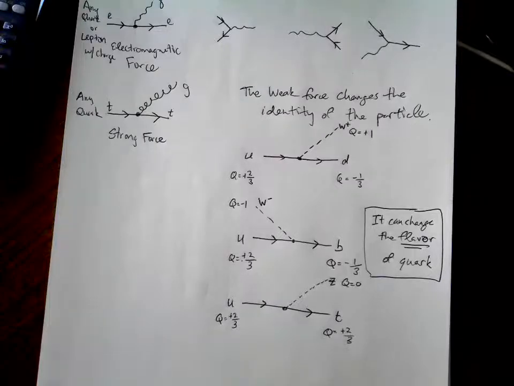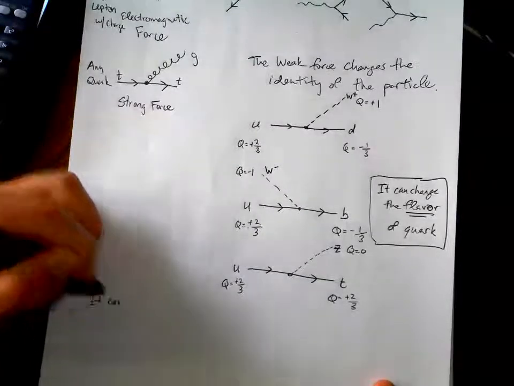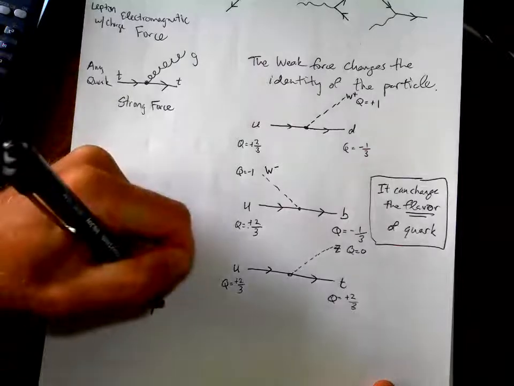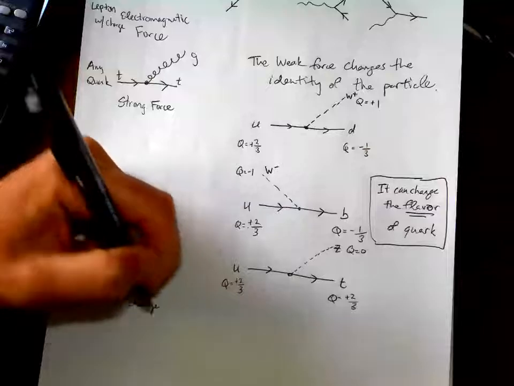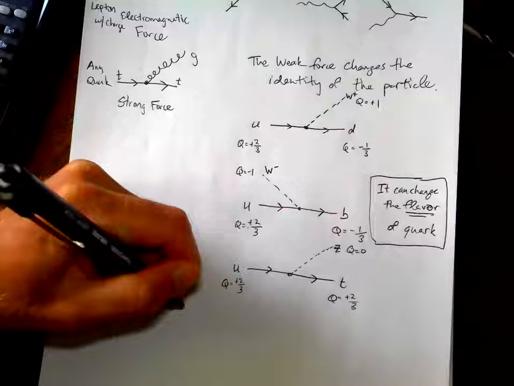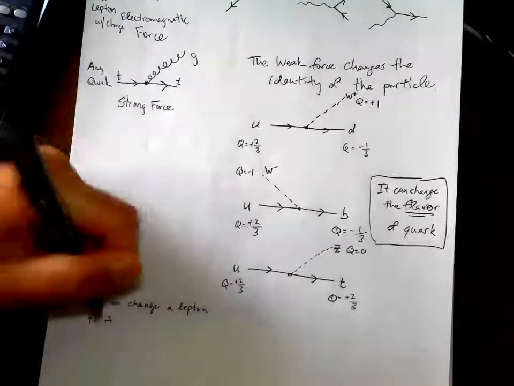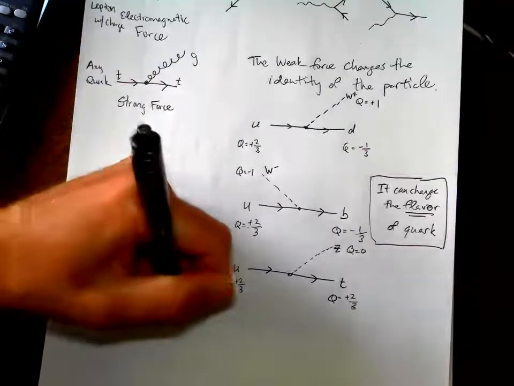Actually, one name for the weak force is quantum flavor dynamics. It can change a neutrino, or it can change a lepton to its neutrino, or vice versa.